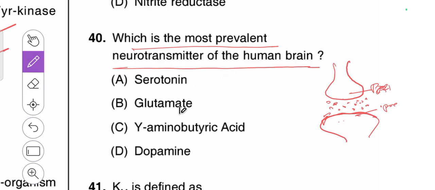So here serotonin, glutamate, gamma-aminobutyric acid, dopamine, these are all neurotransmitters, but they are asking regarding the most prevalent. So the most prevalent will be glutamate. B is the right answer.